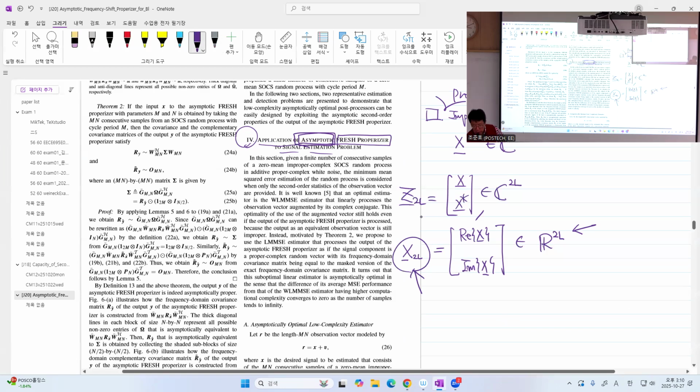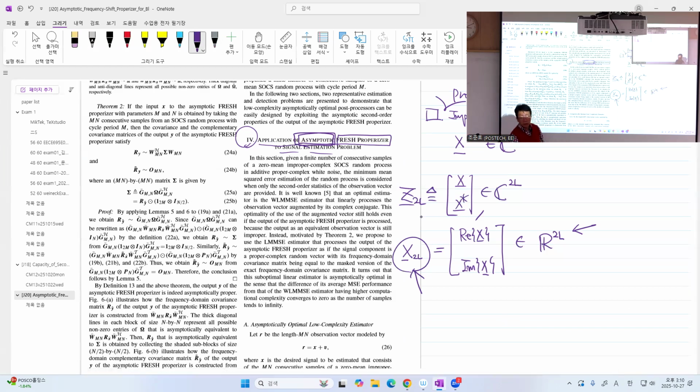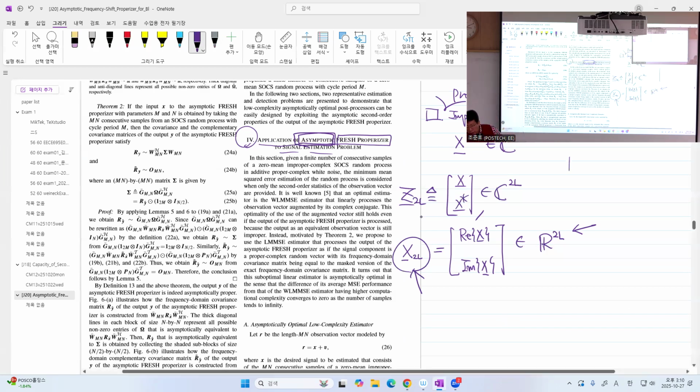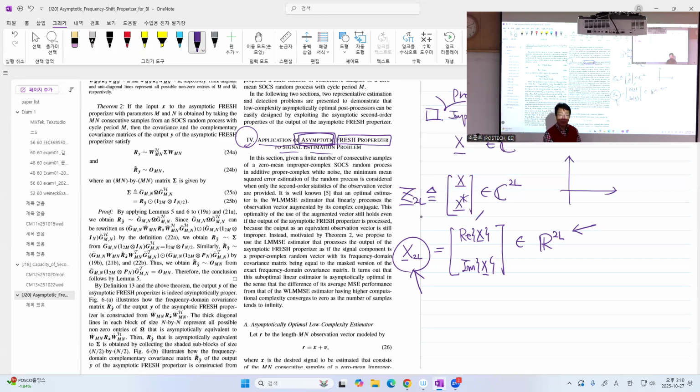Let me use Z here, okay? Because this Z is complex value. And one of the reasons why people do this is that electrical engineers are familiar with handling complex valued signals. Why? Because in radio communication, we handle real valued bandpass signals and random processes, and they have complex baseband equivalent signals.